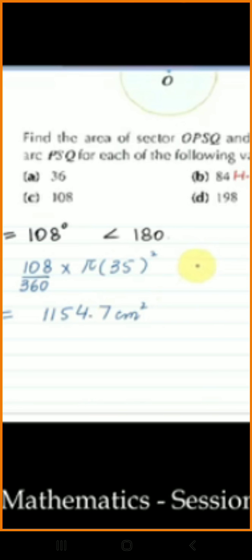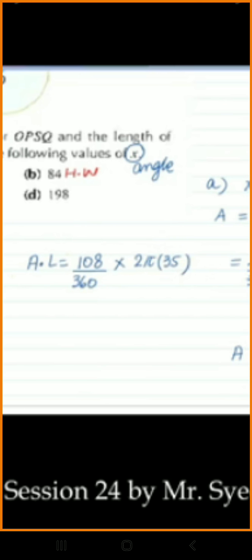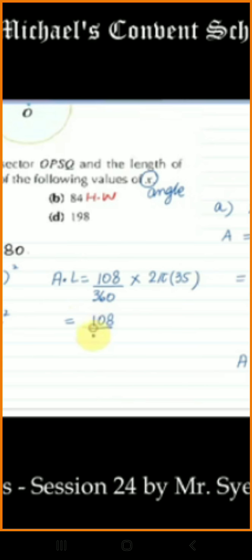Now if you find out the arc length, first thing, angle is 108 divided by 360 multiplied by 2 pi, radius is 35, right? So 108 divided by 360, 35 times 2 is 70 pi. Now 0 and 0 cancel. You need to simplify the rest.